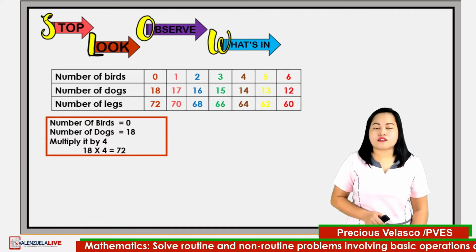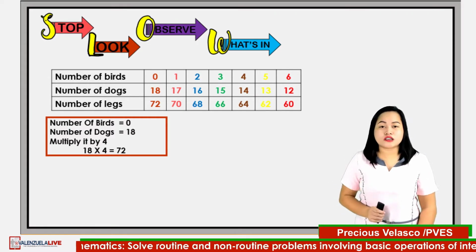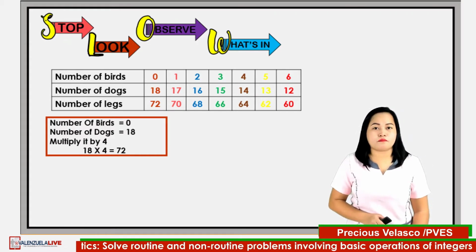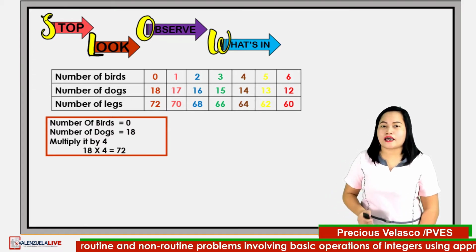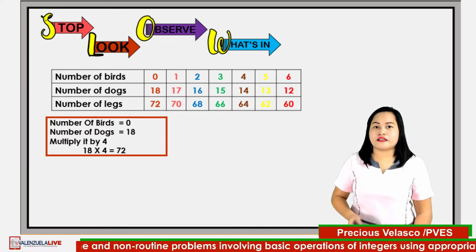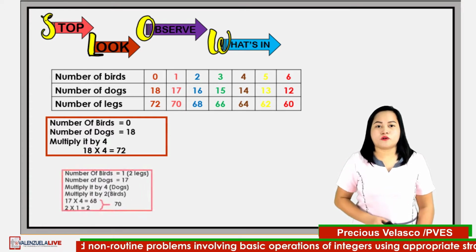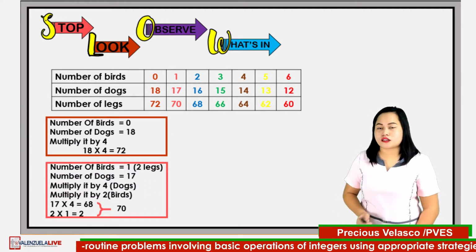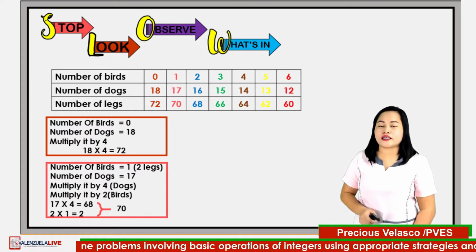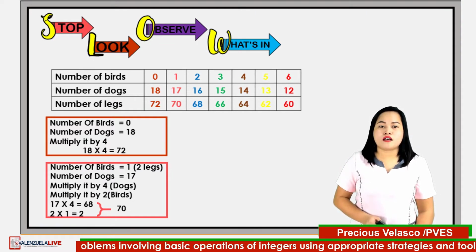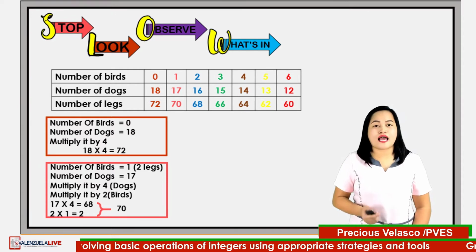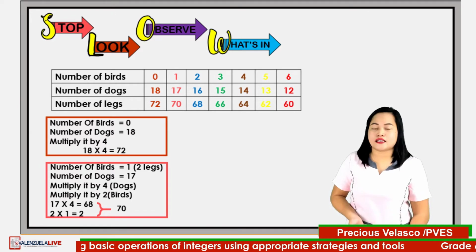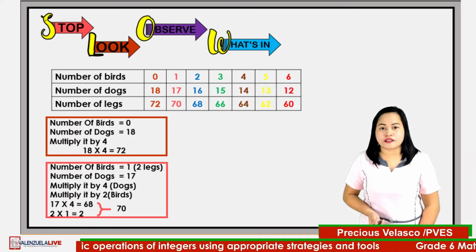Well, that is far from the original number of legs in our problem, which is 60. Next, how about if I try 1 bird and then 17 dogs? So I have 17 times 4 is 68, and 2 times 1. Where did you get the 2? Well, each bird has 2 legs. That's why I have 2 times 1 is 2.